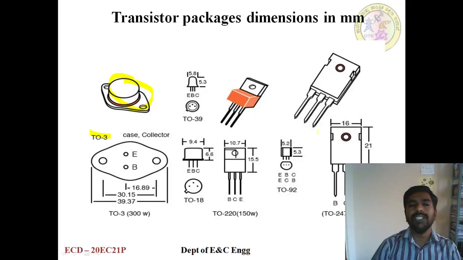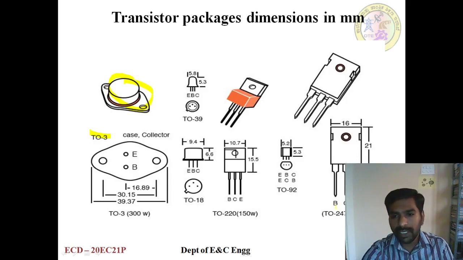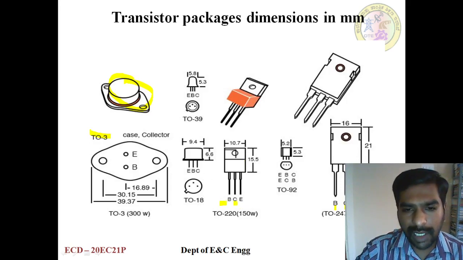You can see the package is very important while placing the component on the PCB. With respect to the terminology, you can see here BCE, that means base, collector, and emitter. It's the terminology for connecting the transistor terminals.